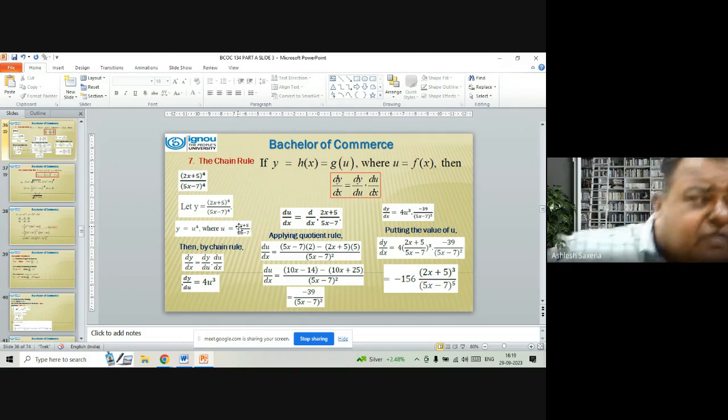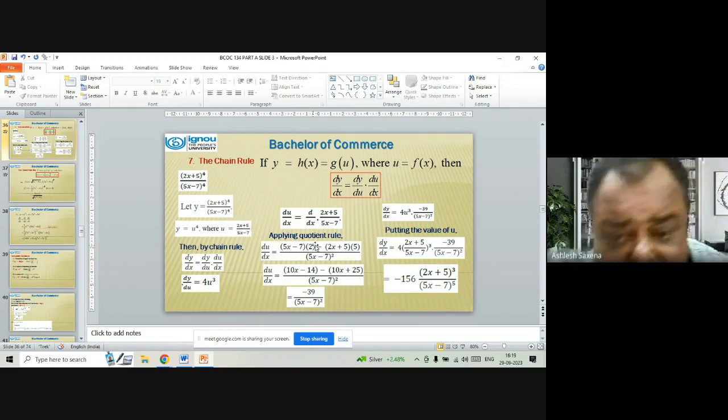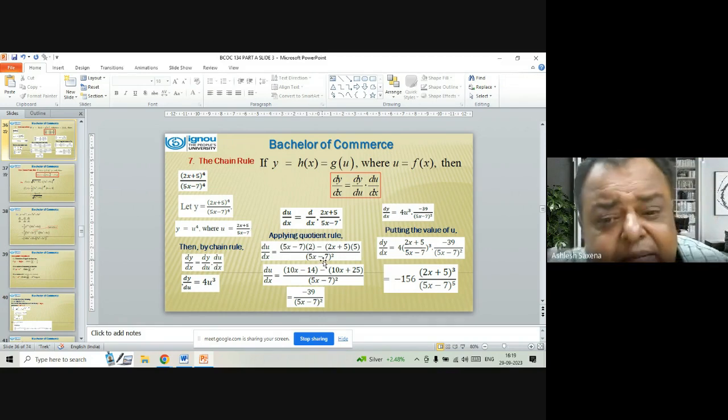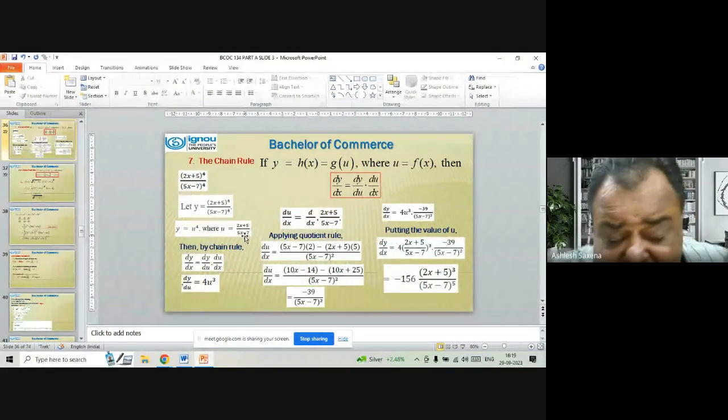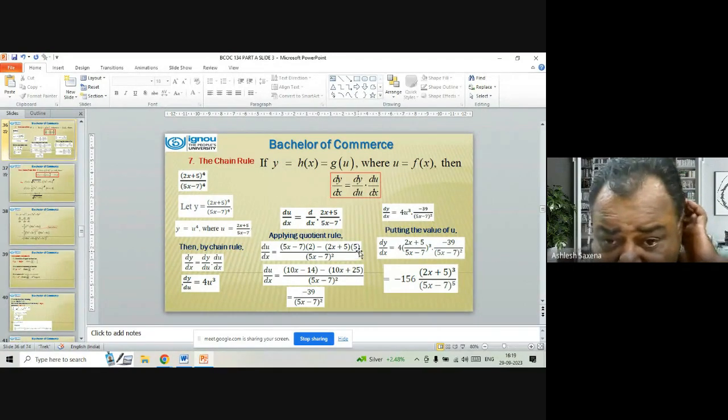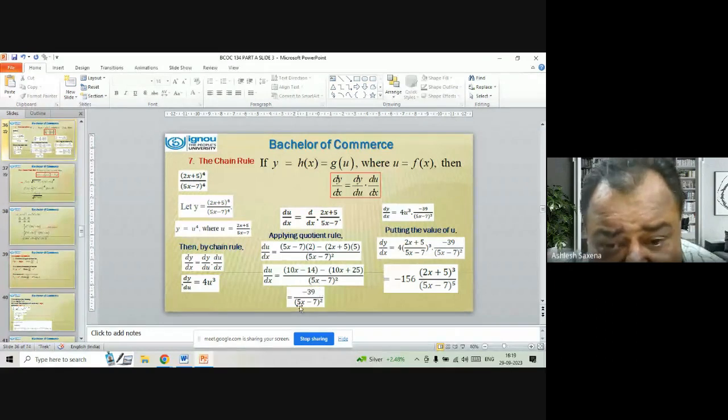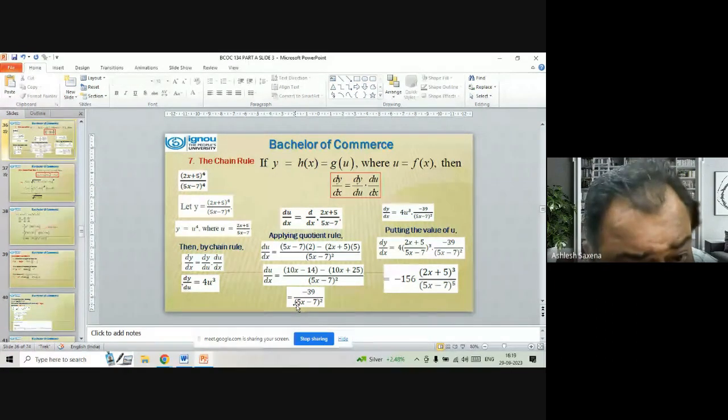Derivative of 2x plus 5 will be 2, that is why we are getting 2 over here. Minus the numerator, 2x plus 5, into derivative of 5x minus 7. Derivative of 5x minus 7 will be 5. Multiply these two and simplify. We get this.